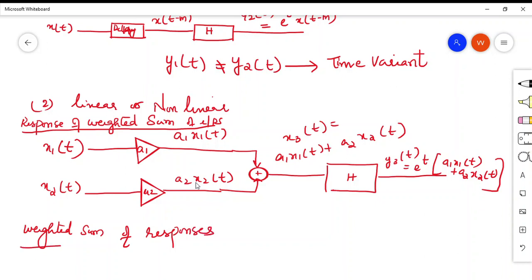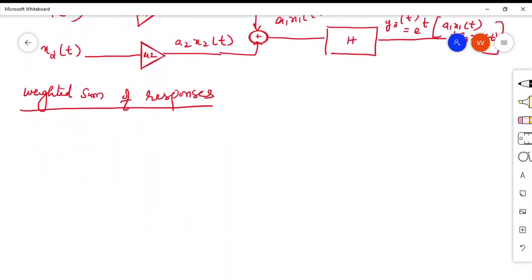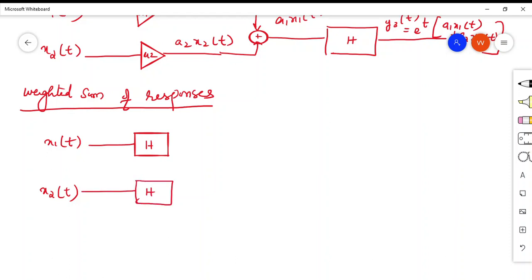Weighted sum of responses means you take your signals x1 of t and x2 of t, then you first find the response of each signal by passing it through the system.